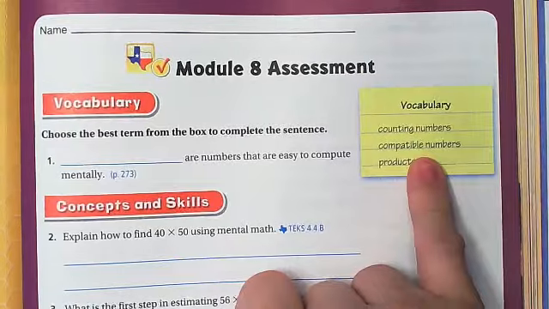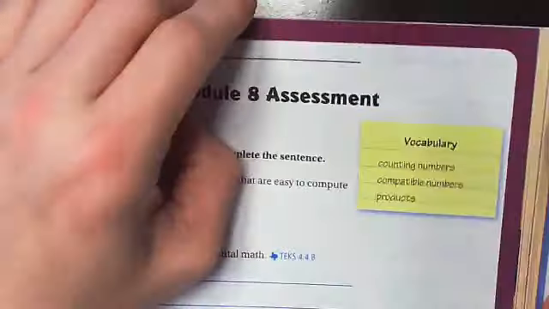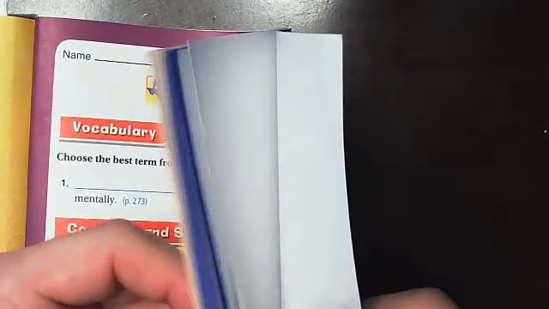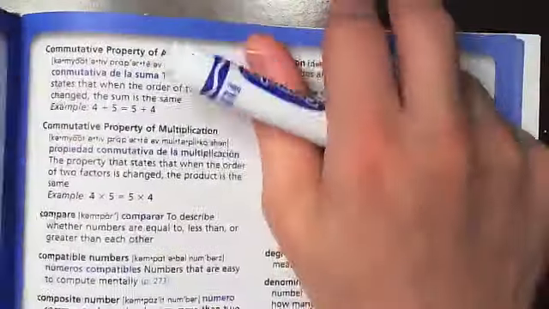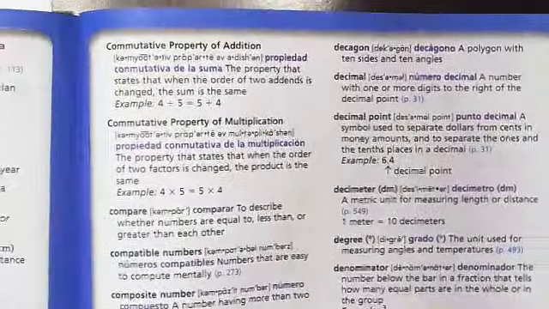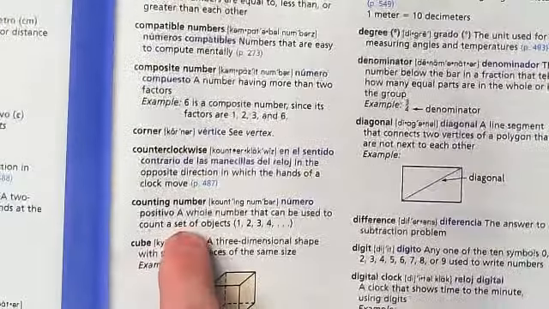These are actually in the very back of the book, and let me show you real fast where that is. I'm going to go to the C's real quick. Big hint. Let's see. Counting numbers. It says counting number right here.